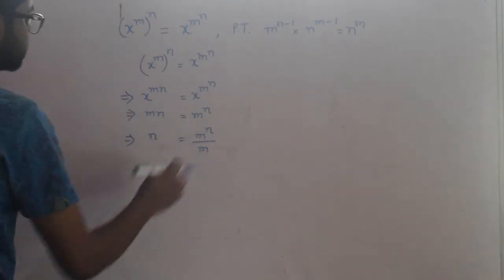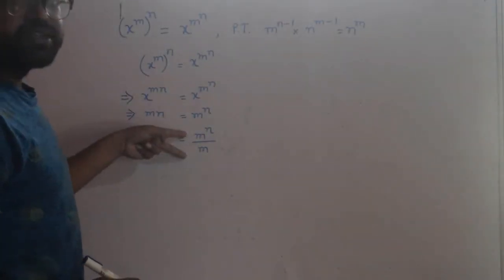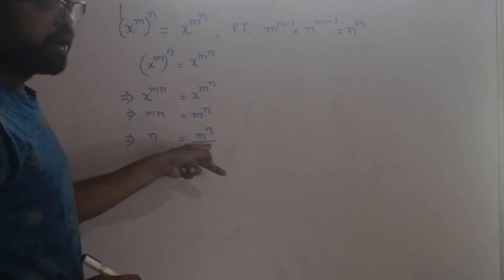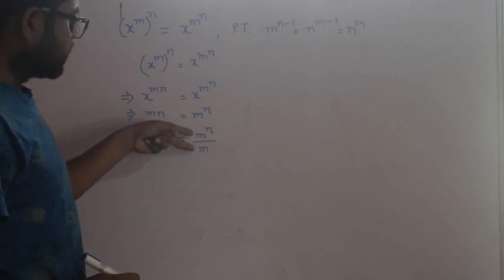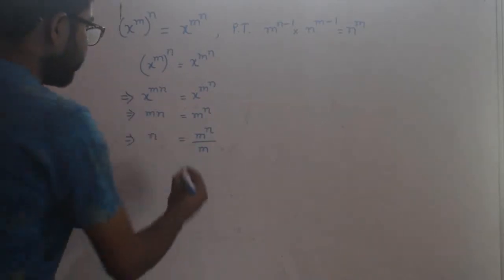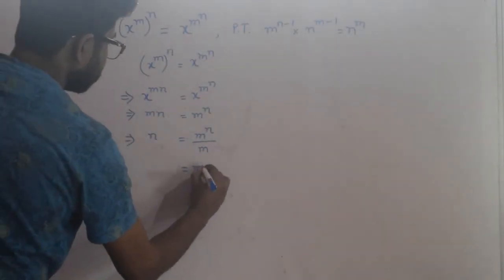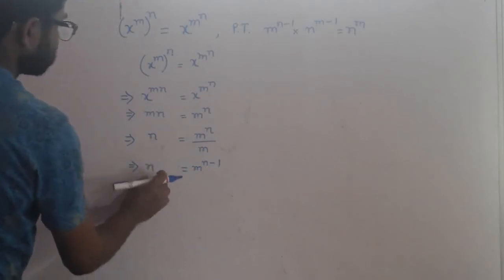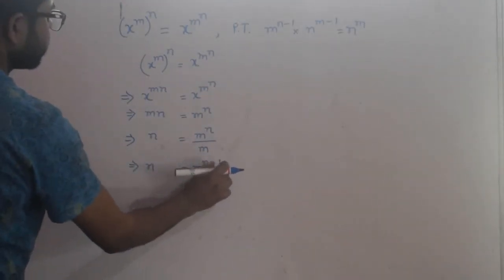Now if you look at this, these two have the same base. Here the power is n and here the power is nothing, means 1. And since it is divide, by rules of exponents you will get m to the power n minus 1. So that means you have got n is equal to m to the power n minus 1.